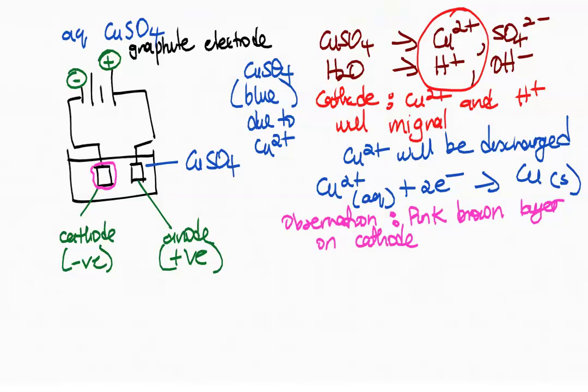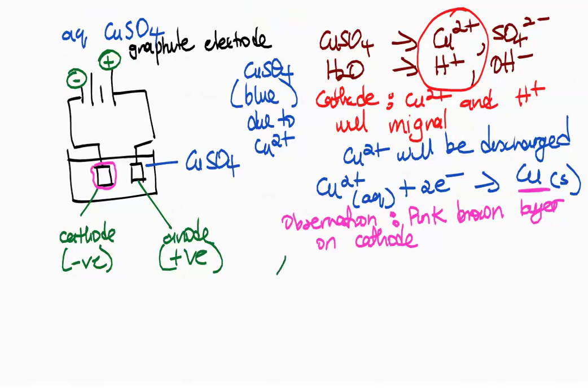All right. What is that pink brown layer? Will it be copper solid? You guys tell me. Will the cathode appear pinkish brown, guys? Right, so this is my cathode.